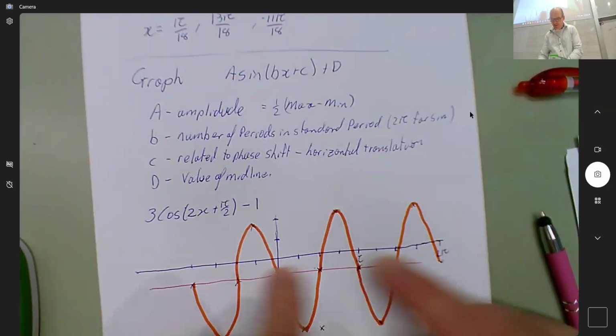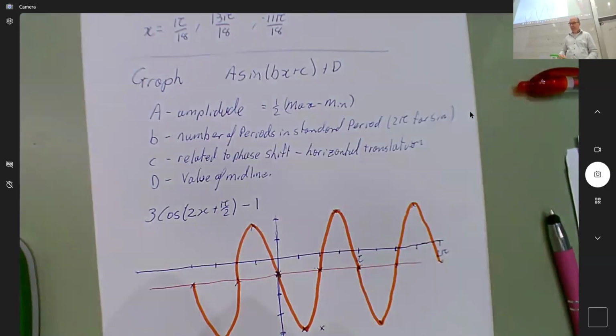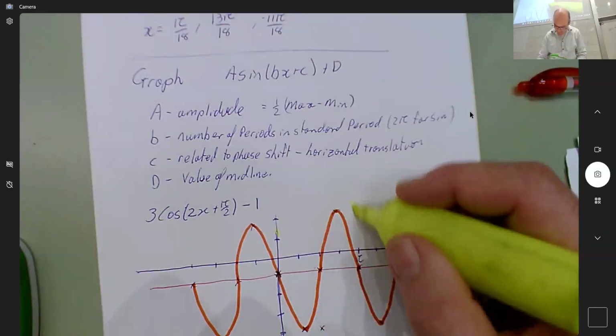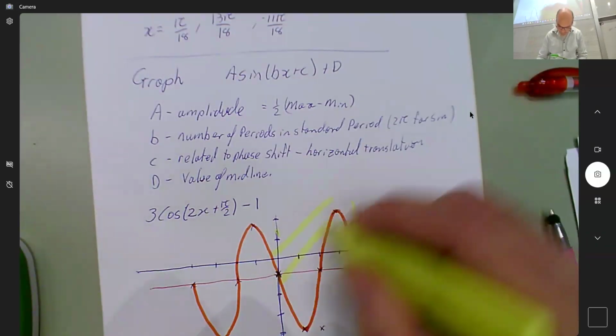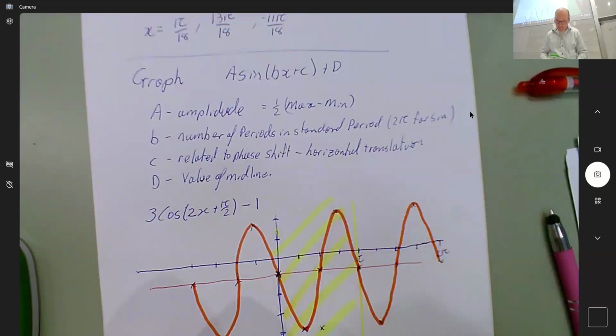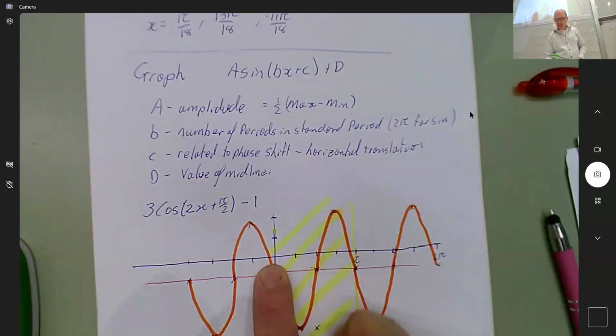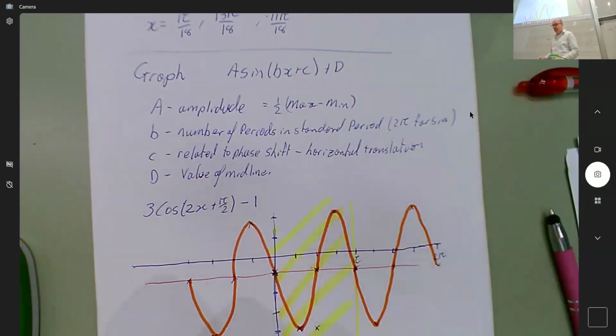So between here and here is 1 period, and here is a second period. So a full period for this function is this bit here. That's 1 full period, because you can see it's got a peak, a trough, it started at midline, and returned to the midline.